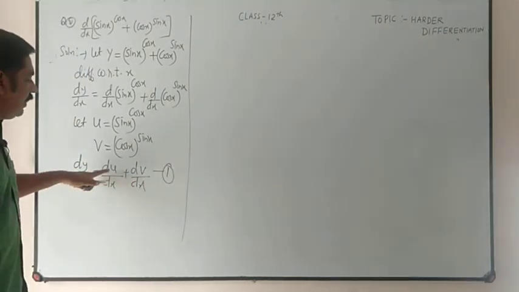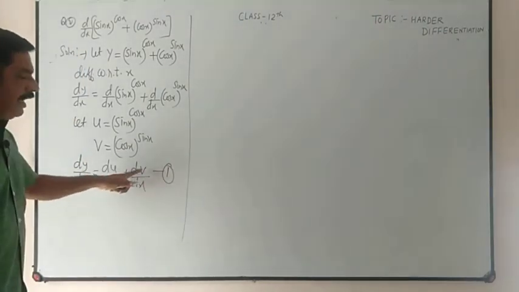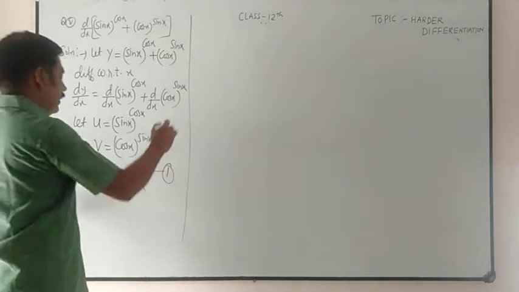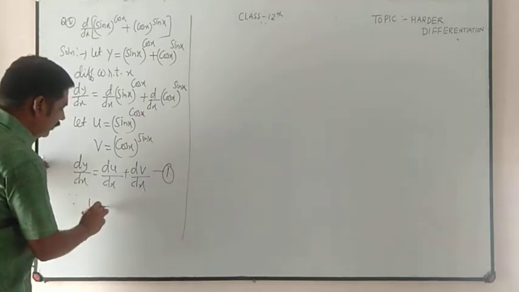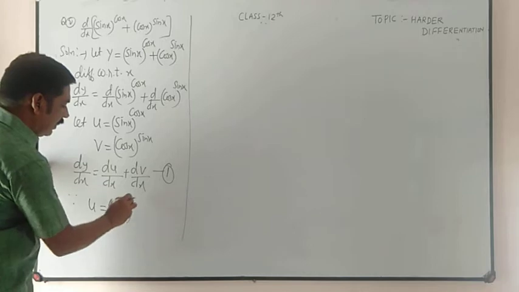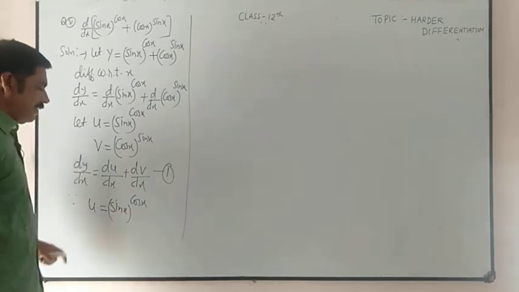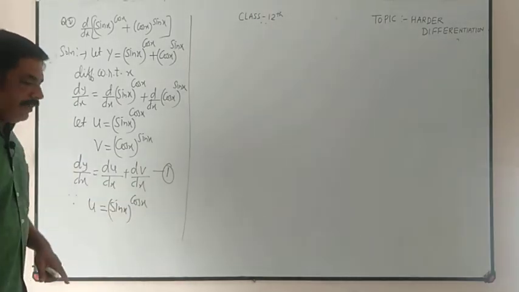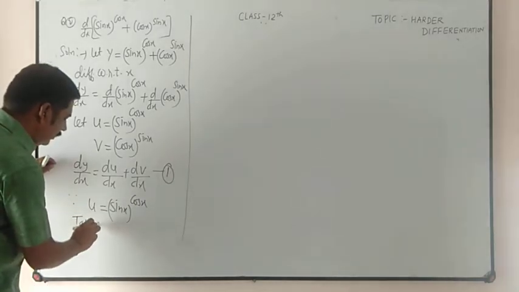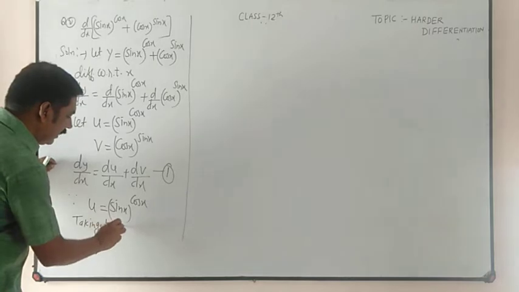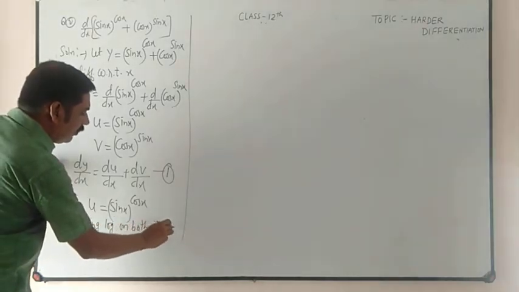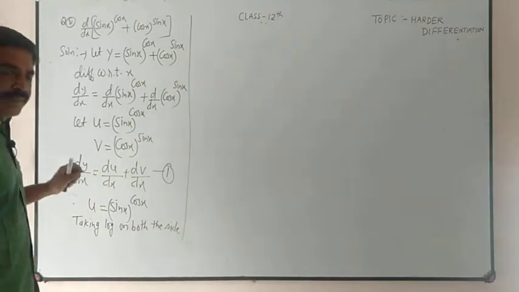Now we have to find du upon dx and dv upon dx. Since u is equal to sin x raised to cos x, variable raised to variable means taking log on both the sides.